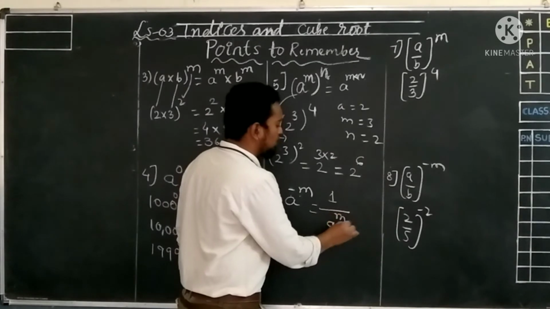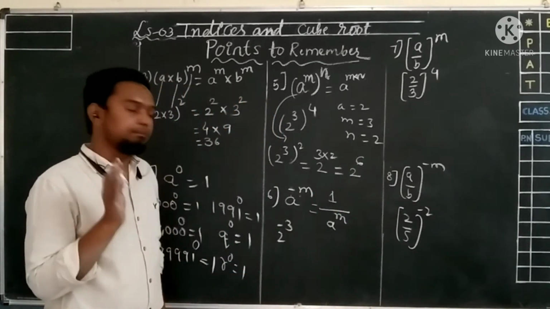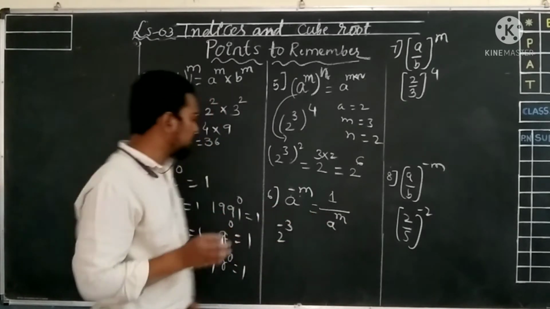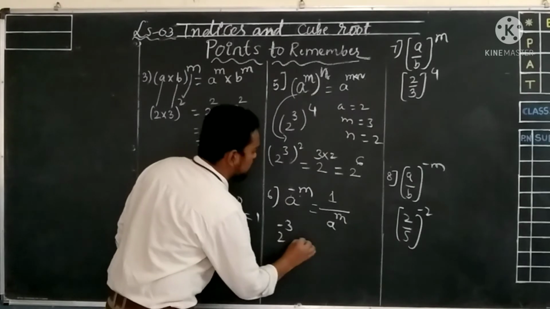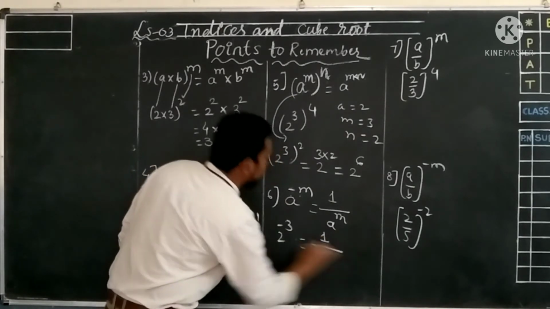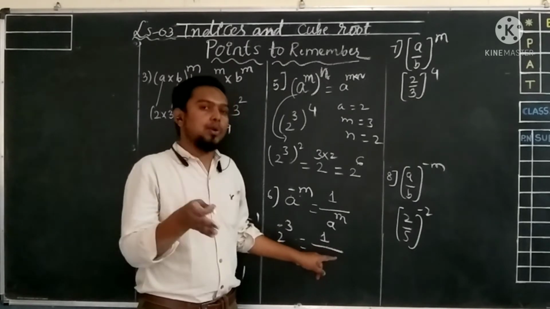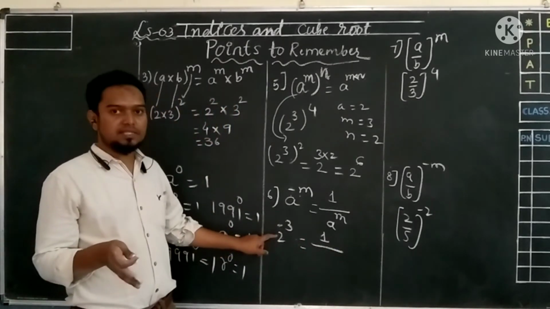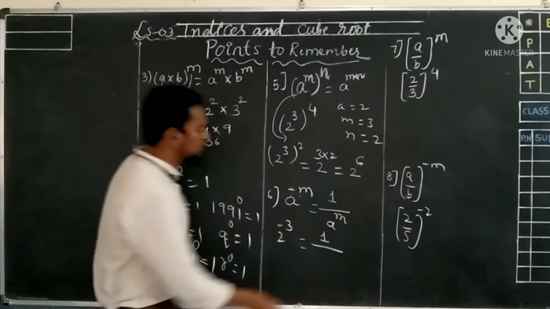Now we will take 1 upon a to the power m. In the example also, when we are taking 1 upon, the sign changes: plus 2 becomes minus and minus 2 becomes plus 2.